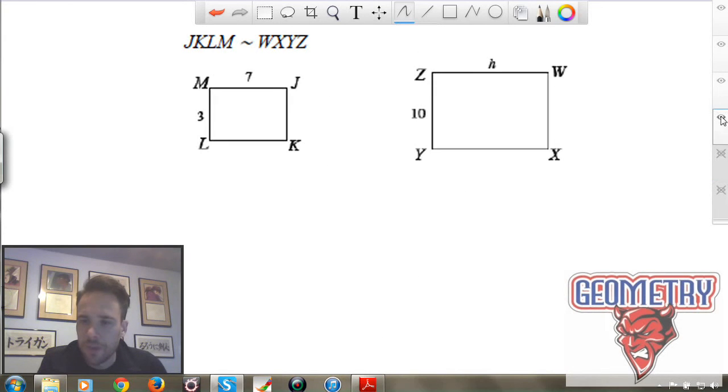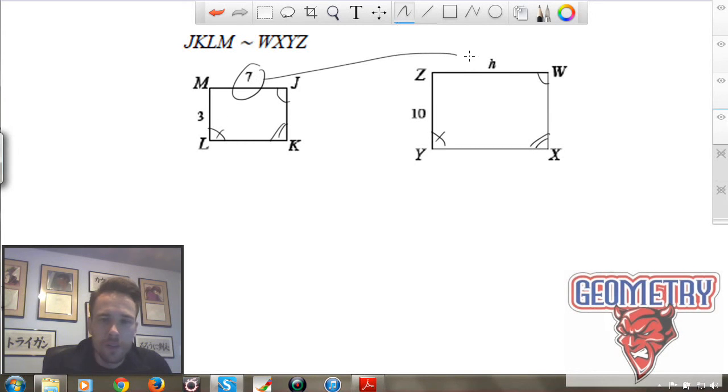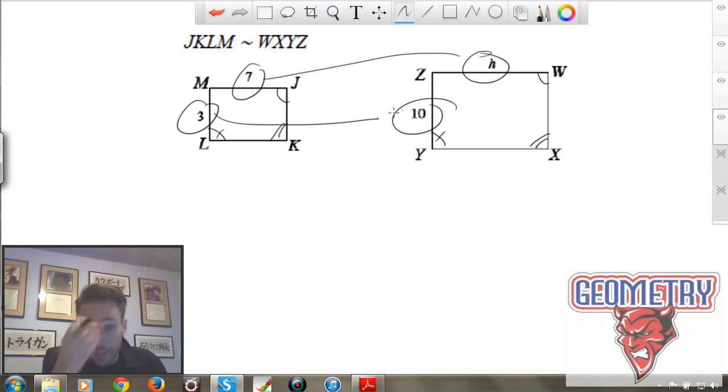And the last part of this one, we have JKLM matches up with WXYZ, so those angles match up, those angles match up, L matches up with Y. Okay, so we can tell by this that 7 matches up with H, 3 matches up with 10.